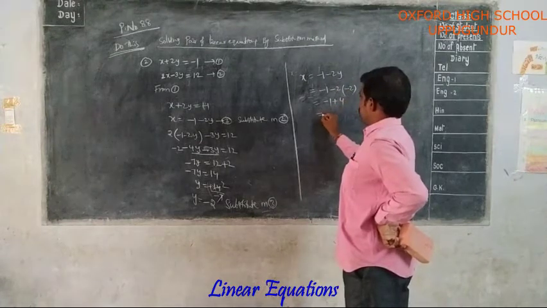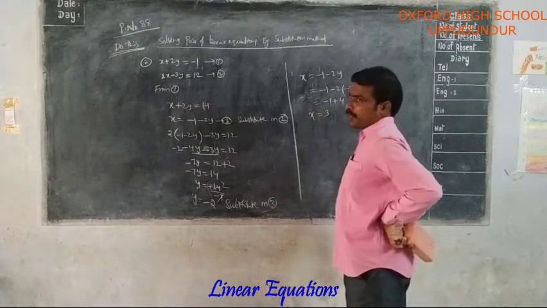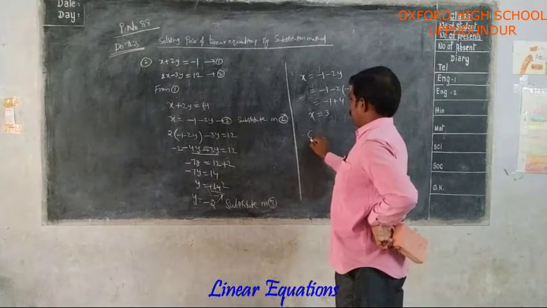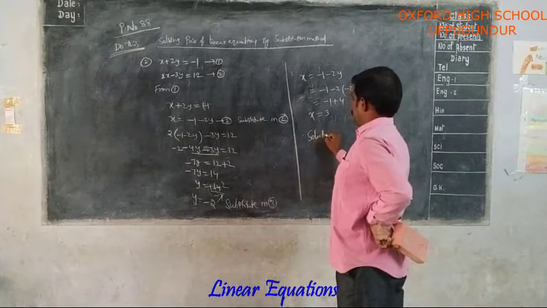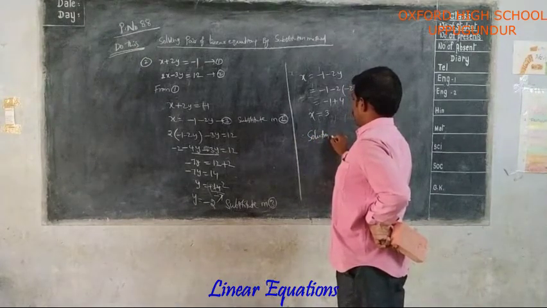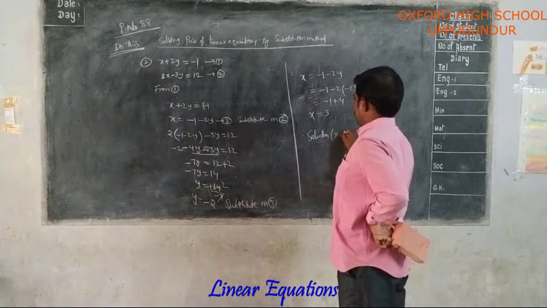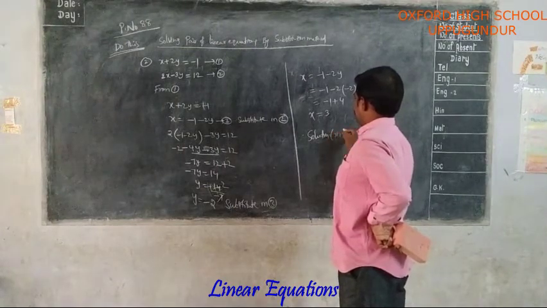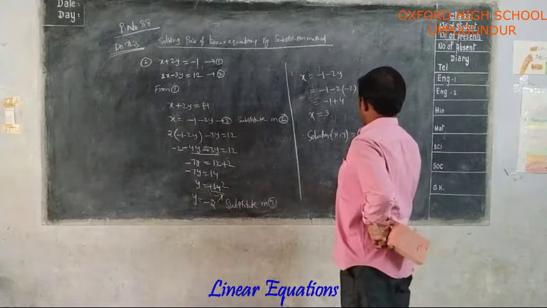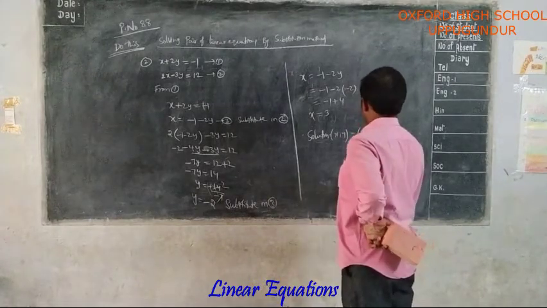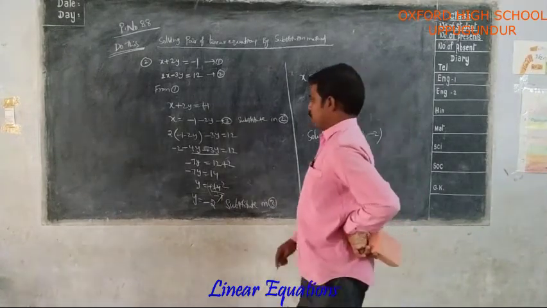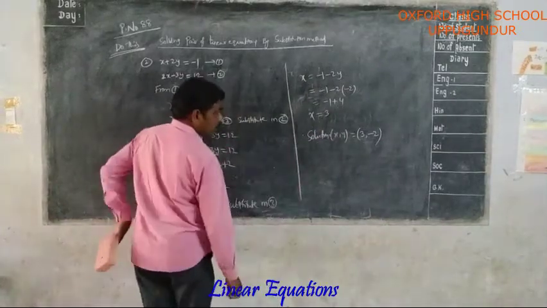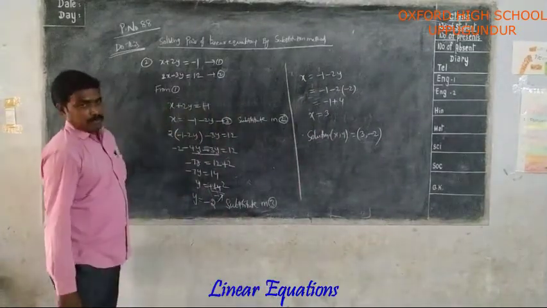So 4 minus 1, 3. x equal to 3. Therefore, the solution x comma y equal to x is 3, y equal to minus 2. So this is the solution for this pair of linear equations.